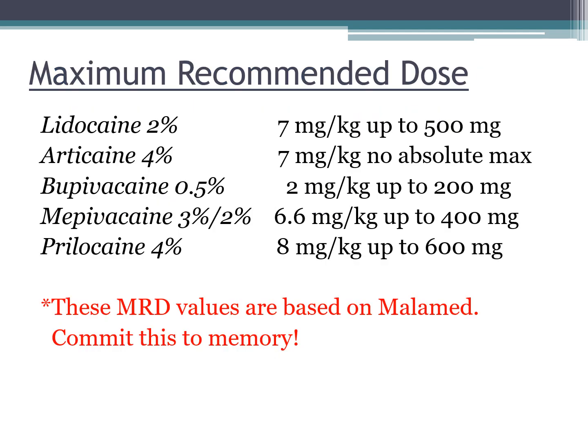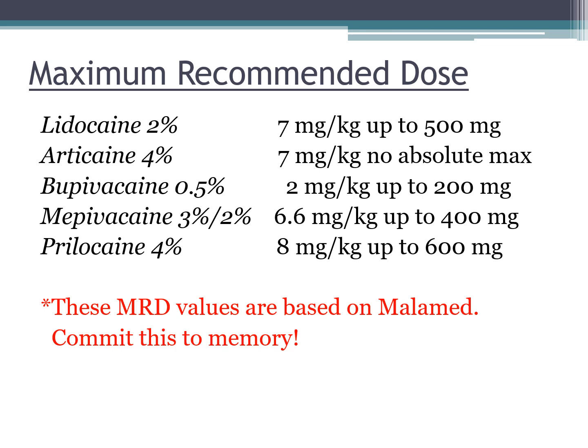These are maximum recommended dosages. They are in red because you need to memorize them. These need to be committed to memory. Lidocaine 2%, 7 milligrams per kilo up to 500 milligrams. Articaine 4%, 7 milligrams per kilo, no absolute maximum.